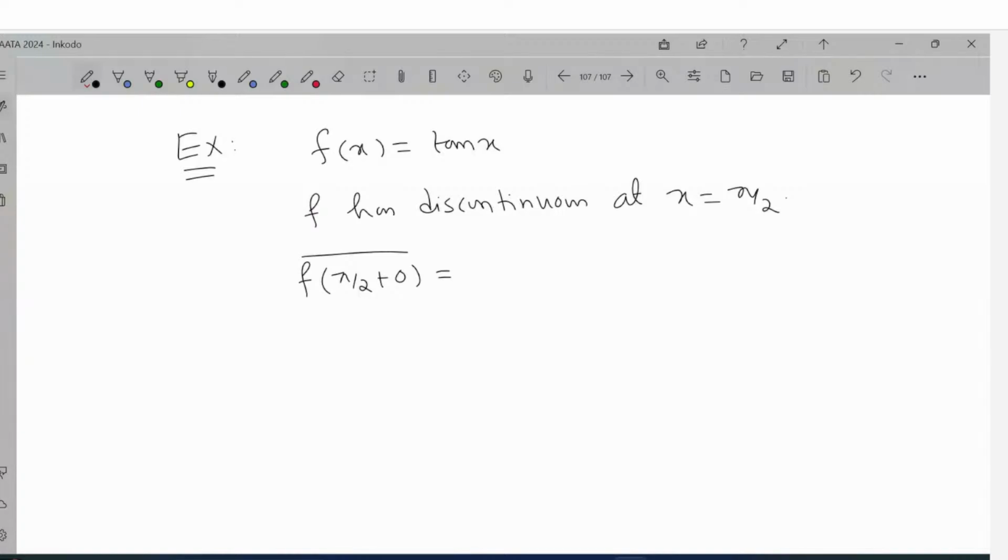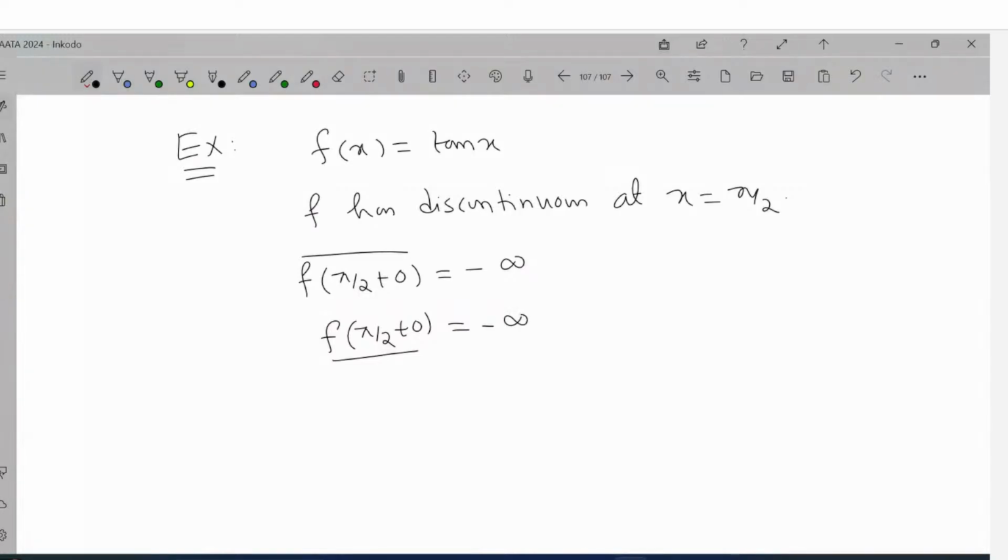So that means it is near the second quadrant. Sine is positive, cos is negative, so it's a negative type of thing. So when you are moving towards pi by 2, you will get a negative. So this will be minus infinity, and similarly this is also going to be negative infinity.